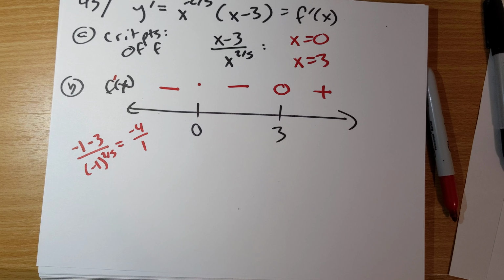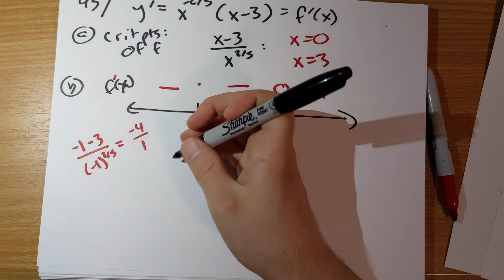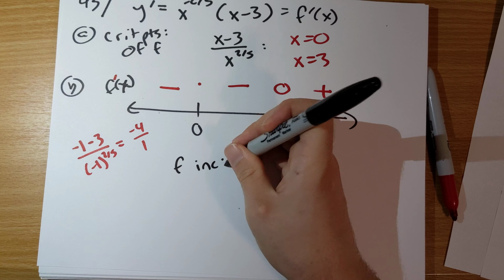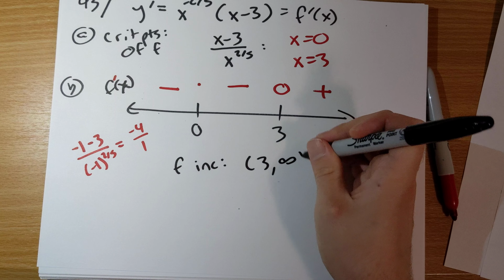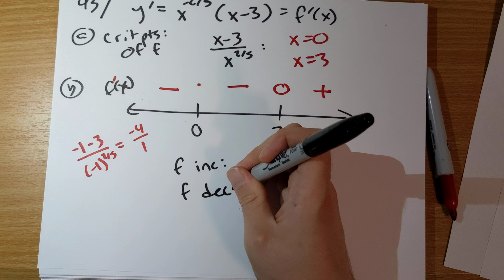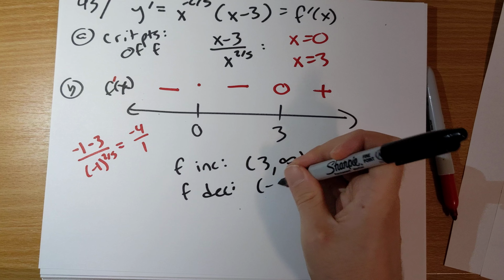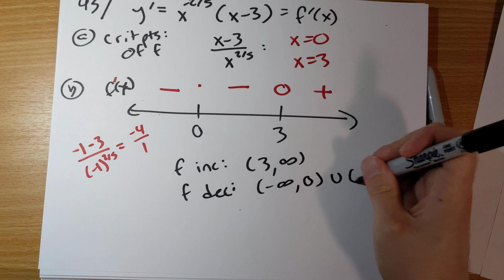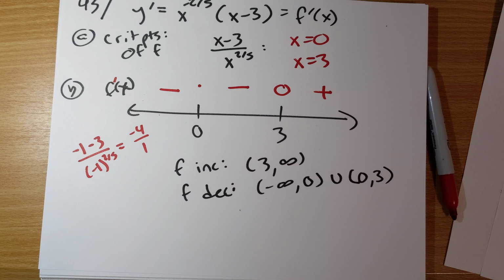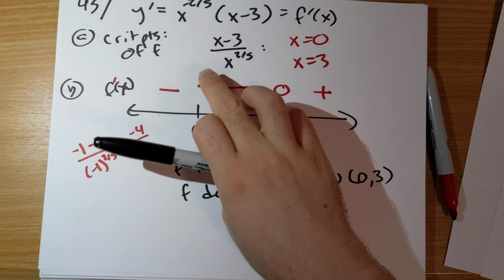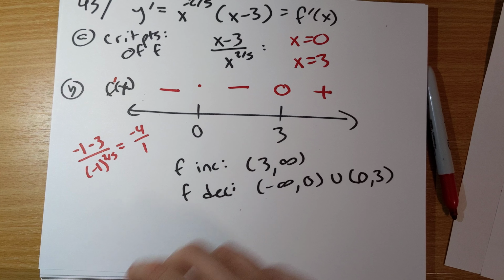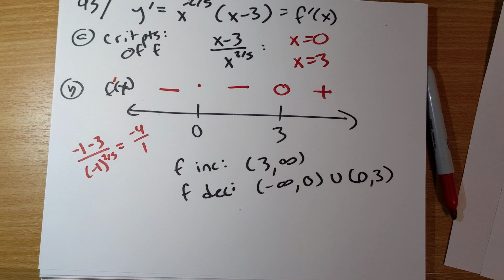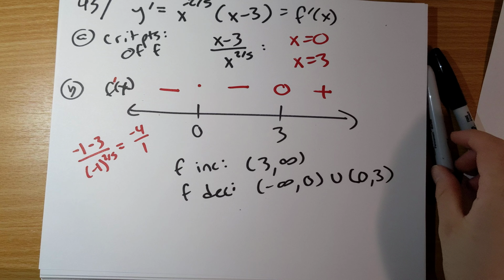So intervals where f is increasing or decreasing. f is increasing on the interval from 3 to infinity. f is decreasing on the interval from negative infinity to 0, and the interval from 0 to 3. We want to exclude 0 from here because the derivative is not defined at 0. Okay, finally, x values of the local extrema.